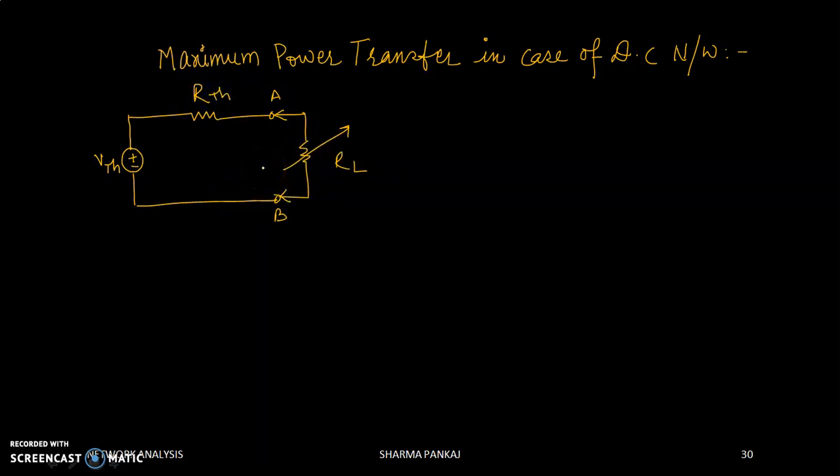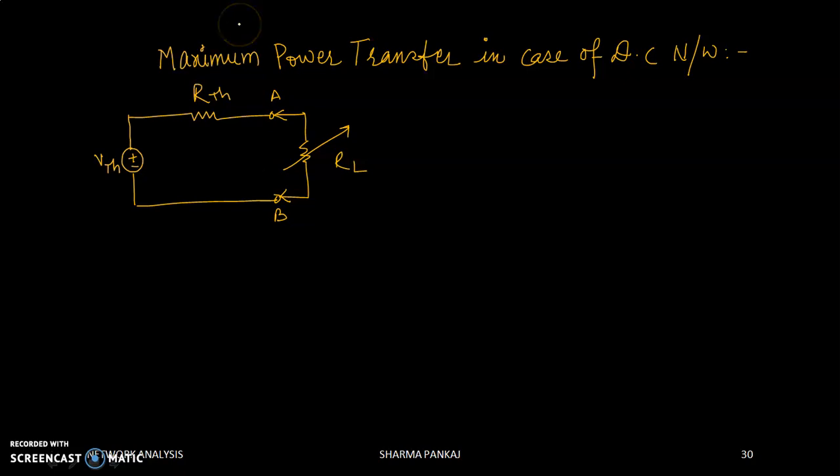We have previously discussed that before applying the maximum power transfer theorem, whether it is for AC circuit or DC circuit, we have to apply Thevenin's theorem across the load terminal. I am repeating it once again for you all, that whatever conditions and situations were studied under Thevenin's theorem, that is active, linear, bilateral, all those things will be equally valid and applicable for this maximum power transfer theorem, and also irrespective of AC or DC.